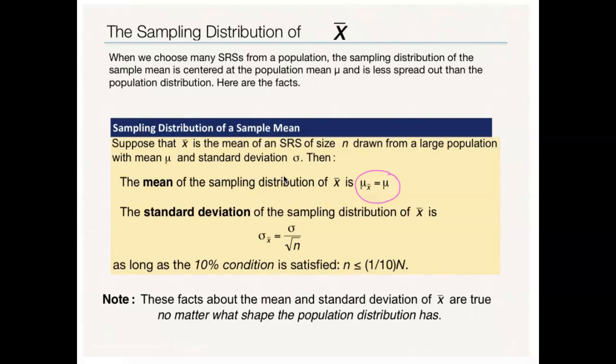So that just means if I take a bunch of samples and for each sample I calculate the sample mean, the distribution of sample means centers over the true population mean, which is mu in this case.